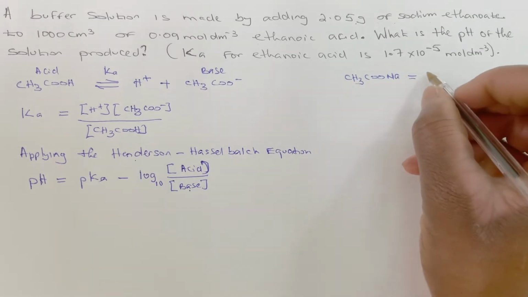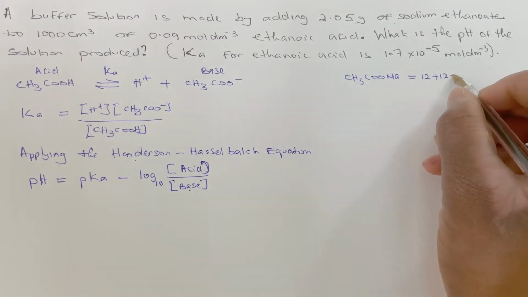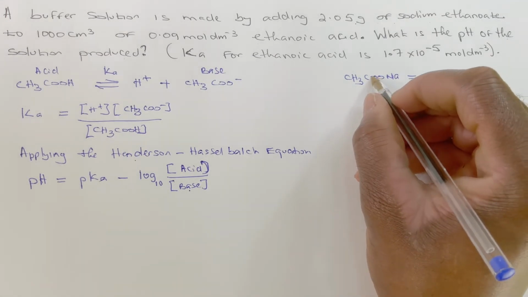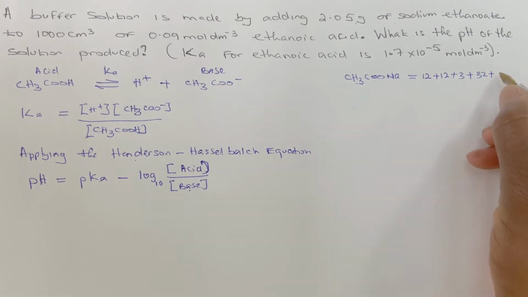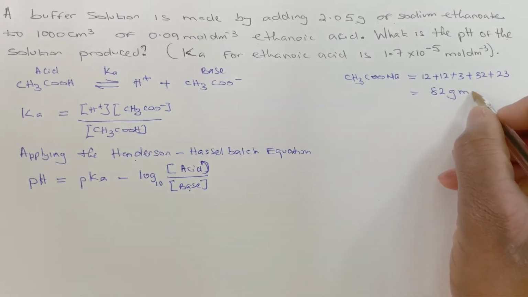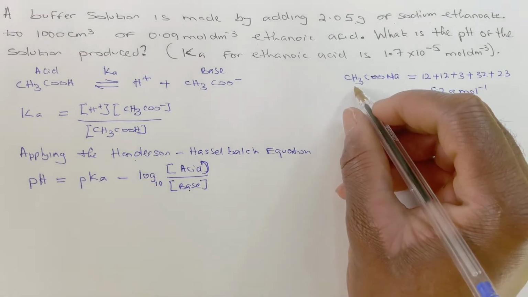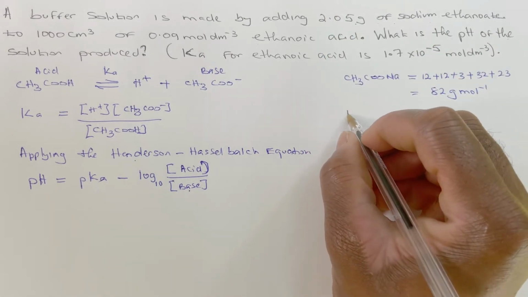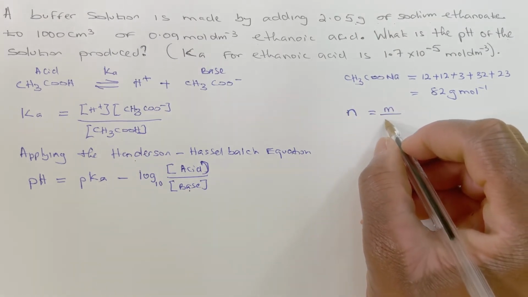I've got 2 carbons, so a carbon is 12, so 12 plus 12, plus 3 hydrogens, plus 2 oxygens, 16 each, plus sodium is 23, and that adds up to 82 grams per mole. So that's the relative molecular mass of sodium ethanoate.